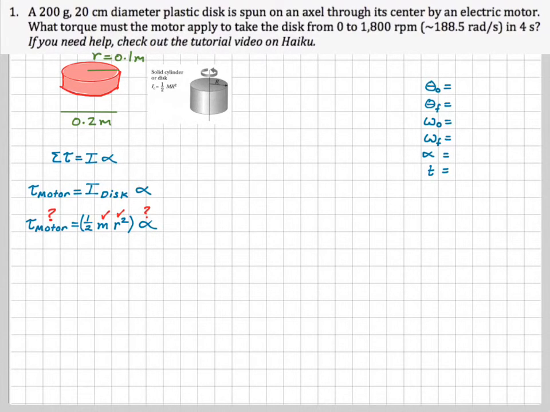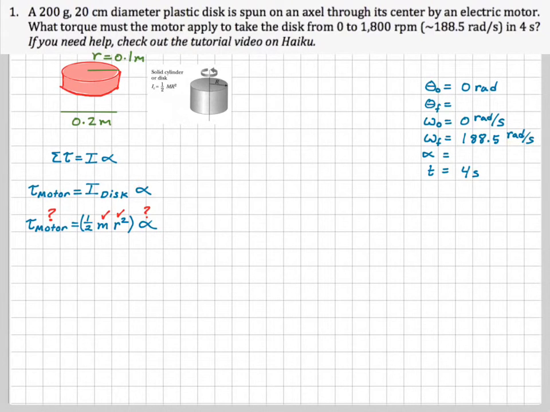We can say that the initial angle of the disc is 0 radians. It starts from rest, so the initial omega is 0 radians per second, and we want it to get up to 188.5 radians per second in 4 seconds.